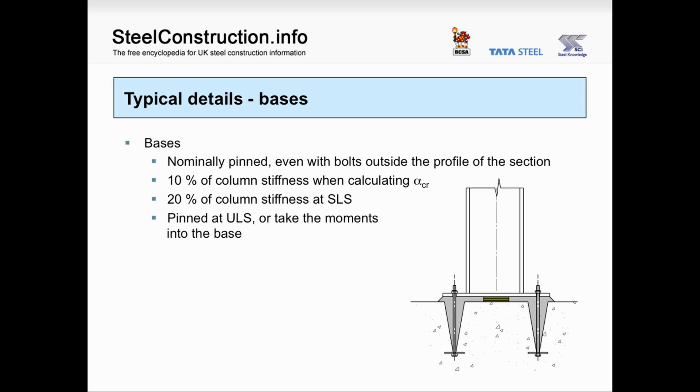When considering deflections, modelling the nominally pinned base assuming it has a stiffness of 20% of the column is recommended. However, when calculating at ULS to determine the forces and the moments around the frame, modelling a frame with a perfect pin at the base is very highly recommended, because otherwise the resulting moments need to be carried through the base plate and on into the foundations.